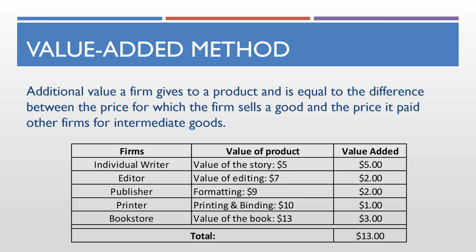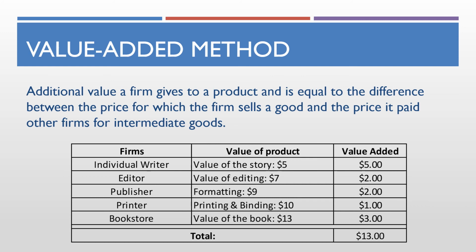Whenever we have a final good sold in the economy, we can break down the value of that product by what has been involved in the production process. For example, if we are thinking about the value of a book, when an individual writer writes a story, maybe that adds $5 of value to this book, and the editor who edits the book will add maybe an additional $2 of value.